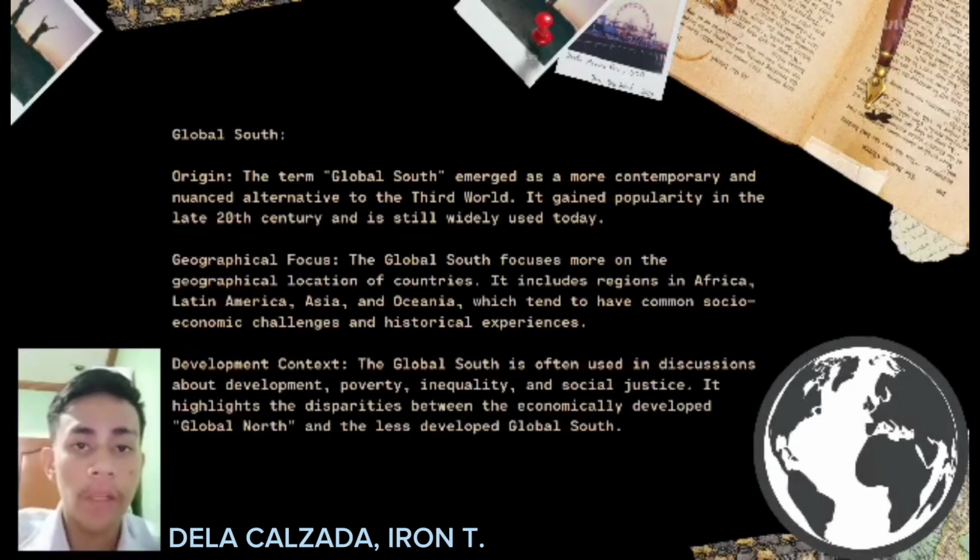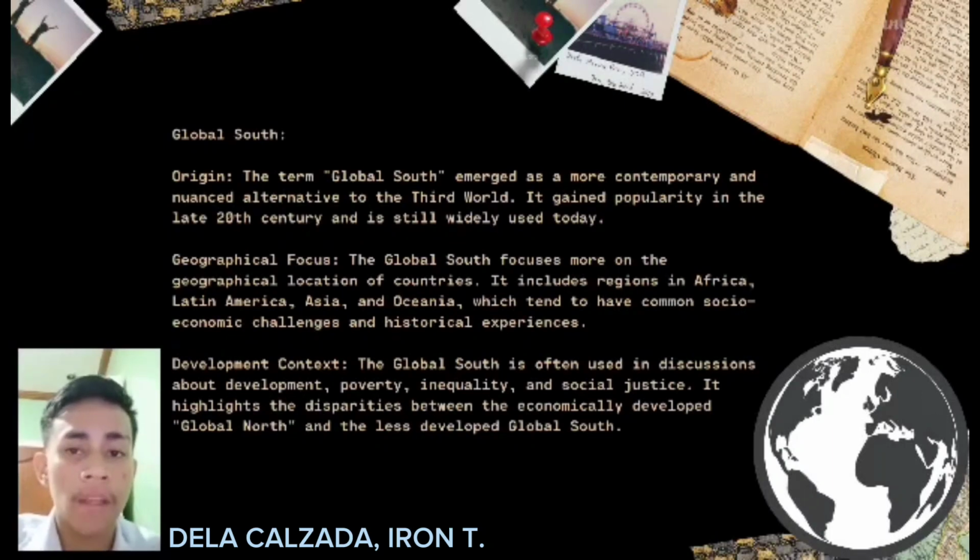So, in development context, the Global South is often used in discussions about development, poverty, inequality, and social justice. It highlights the disparities between the economically developed Global North and the less developed Global South.